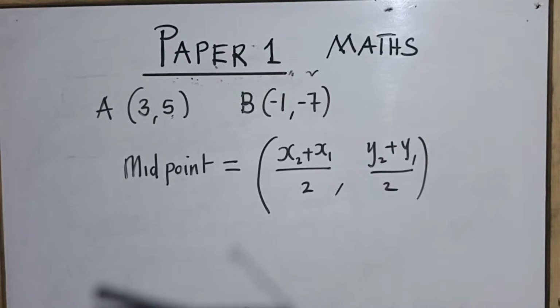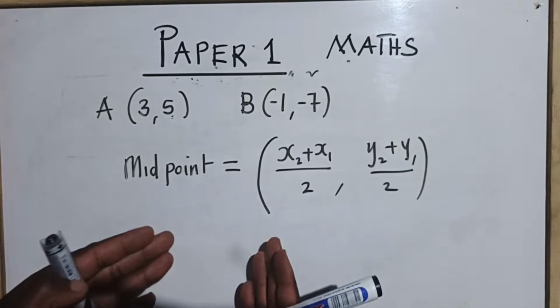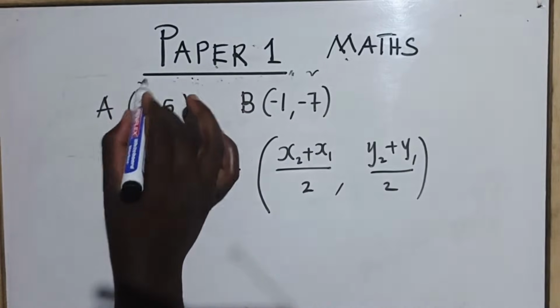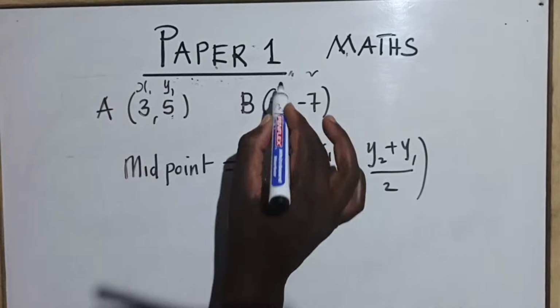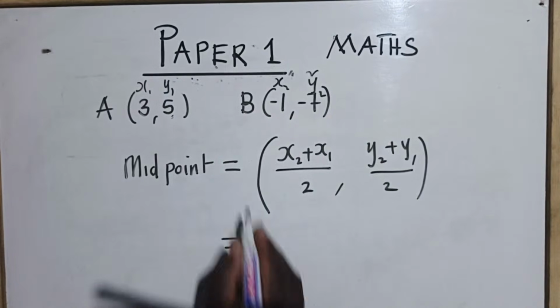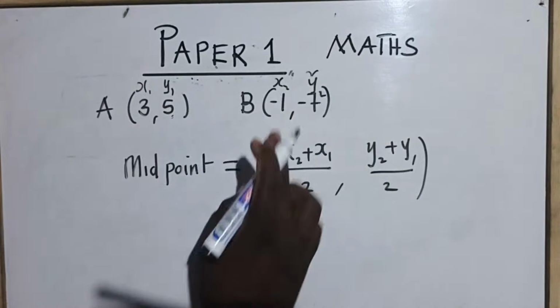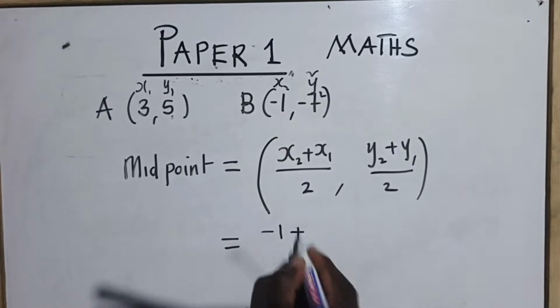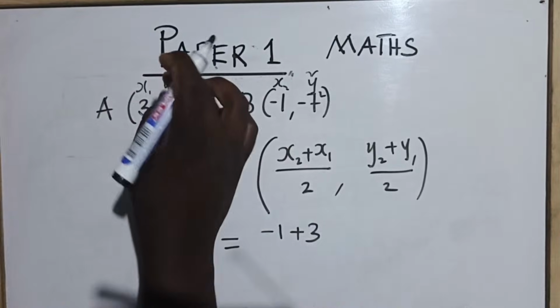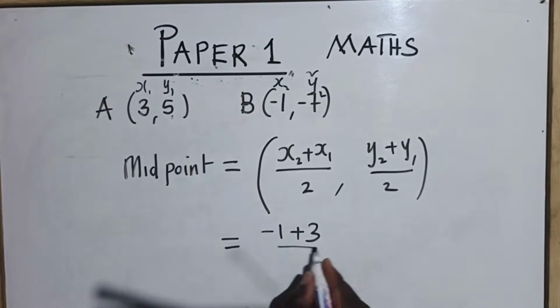All right. So this is what we have as a formula for finding the midpoint. What we're going to do here is to just say this is our x1, y1, x2, y2. So just plug in x2, it's -1, plus x1, it's 3, over 2.